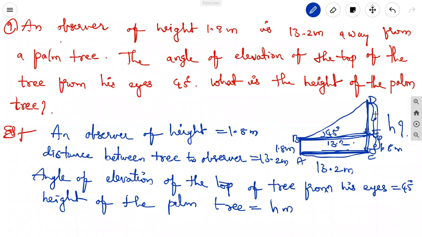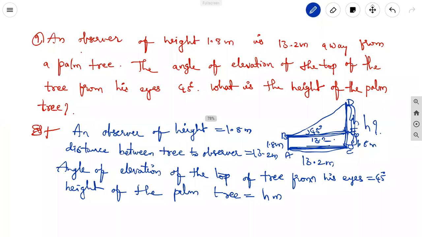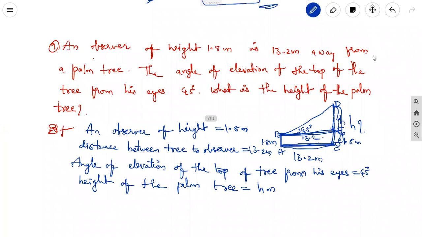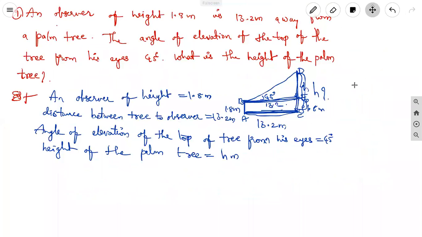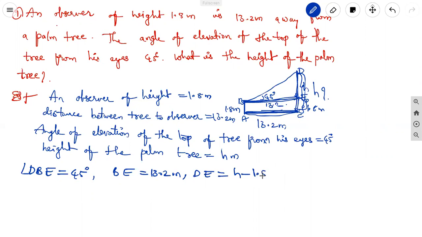If we take this as h, the total palm tree height is h, and we can take here angle DBE is equal to 45 degrees, BE length is equal to 13.2 meters, and DE is equal to h minus 1.8 meter.